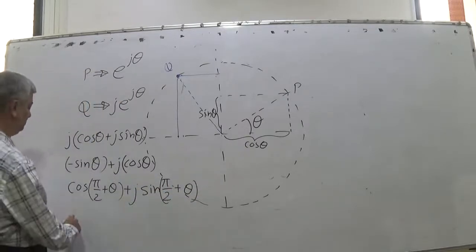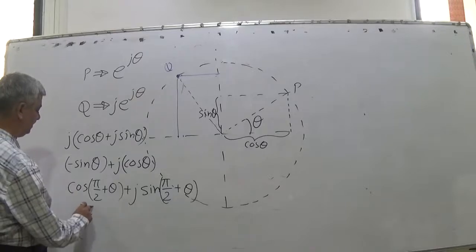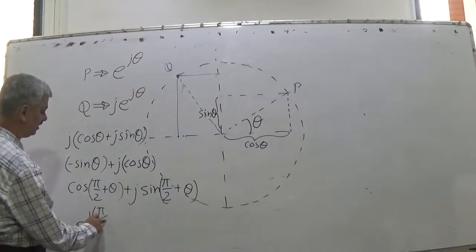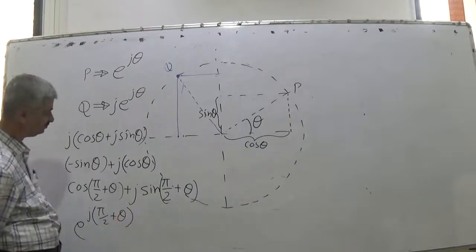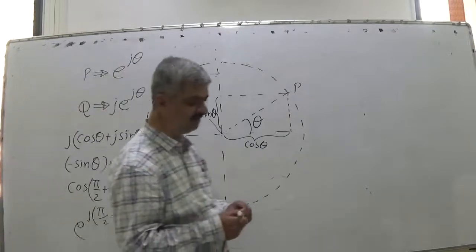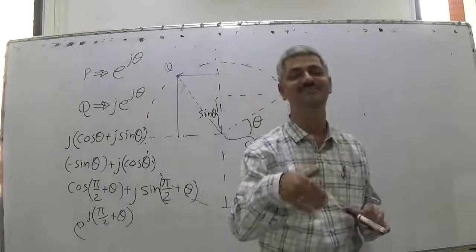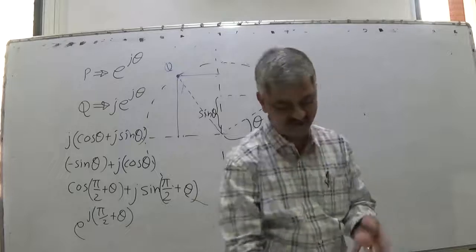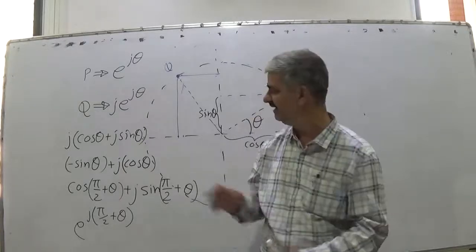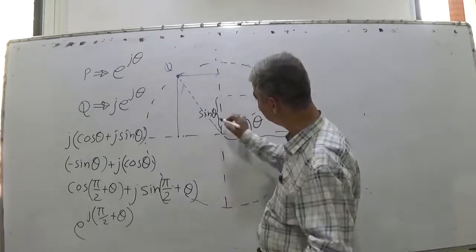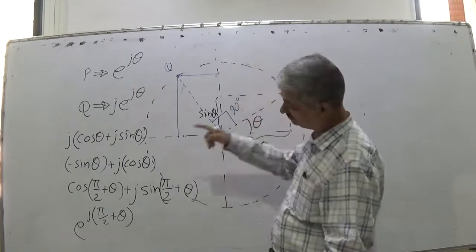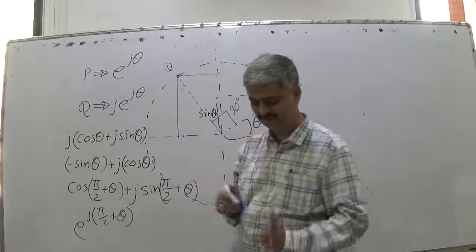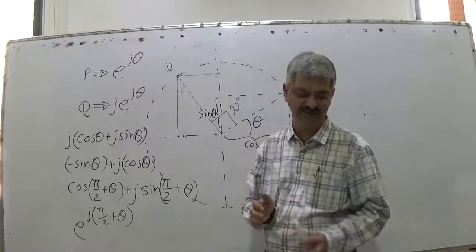So this is e raised to j of pi by 2 plus theta. So I explained it by actual construction. This angle is pi by 2 or 90 degrees.